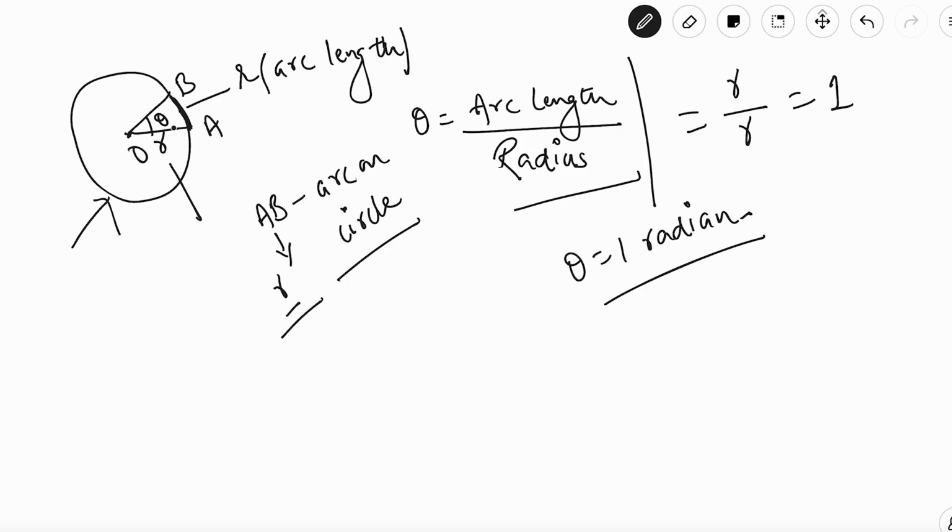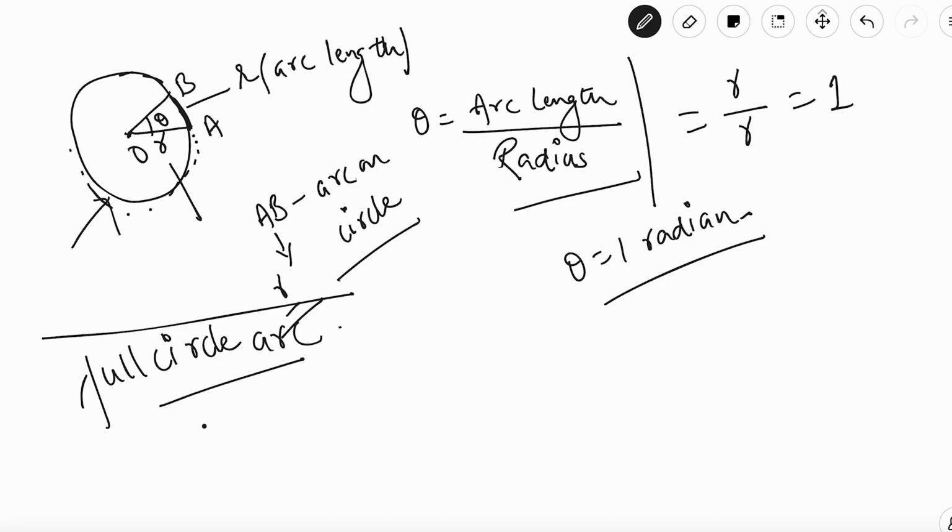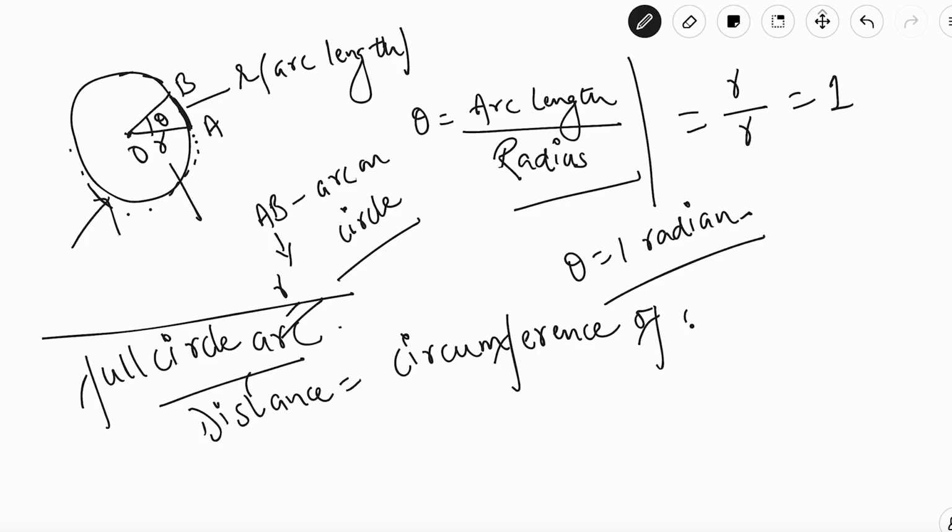Now let's say this arc completes the entire circle. For the full circle, the distance covered will be the circumference of the circle, and we all know the circumference of the circle is 2 pi r.